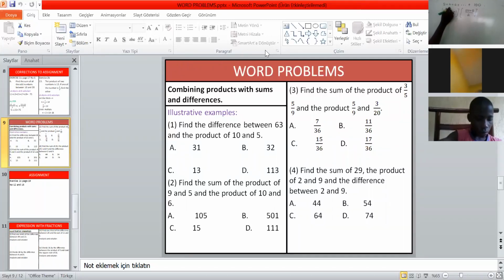So this one gives you 98 over 2 plus 1, and this one gives you 102 over 2. This 2 is always constant, and this 2 is for this.